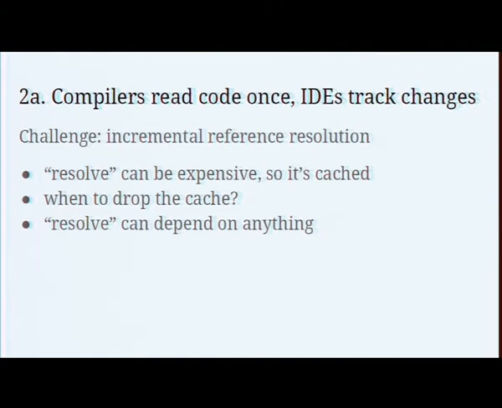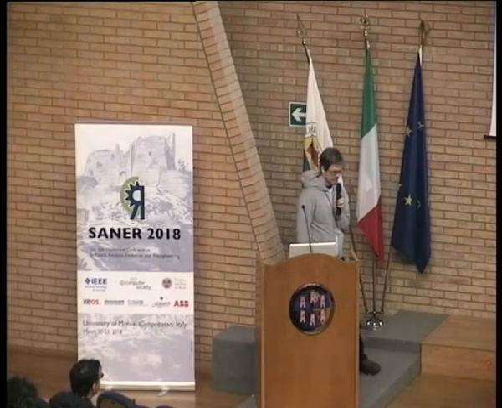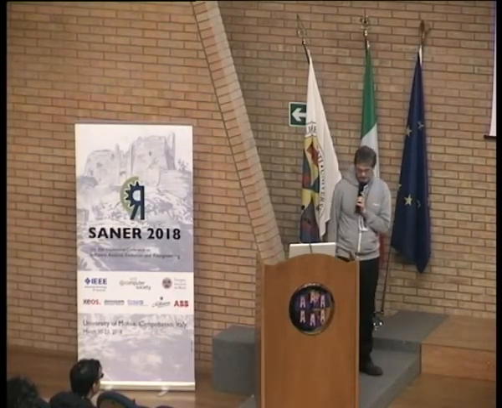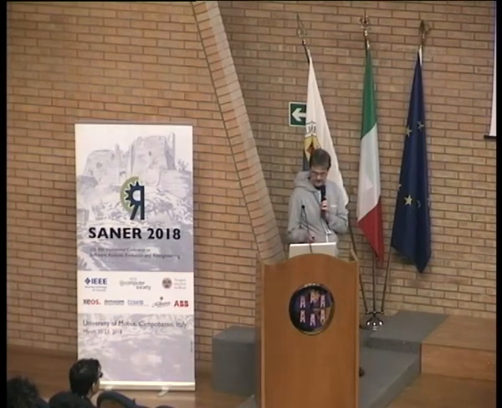But there are some crazy references that depend on any random file on the disk. Some even go to the internet for resolving. And so we cannot track what the reference depends on. We do not track what the reference depends on. And that's an issue.